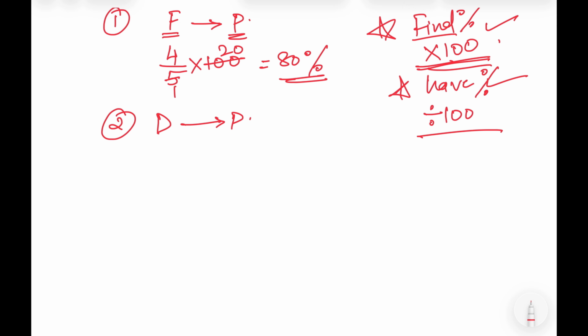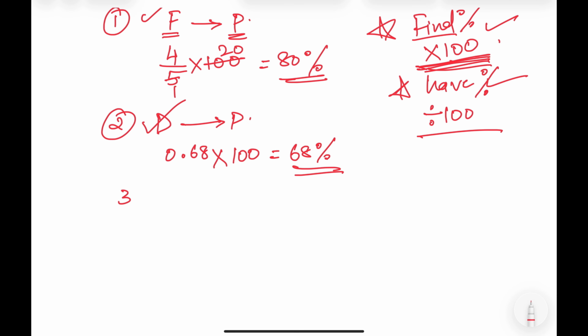We will multiply by 100 only. Suppose the decimal is 0.68. They tell you to please convert this into percentage. Simply we will just multiply by 100. So what do you get? 68%. So whether you have a fraction or a decimal, you always multiply by 100 to get percentage.